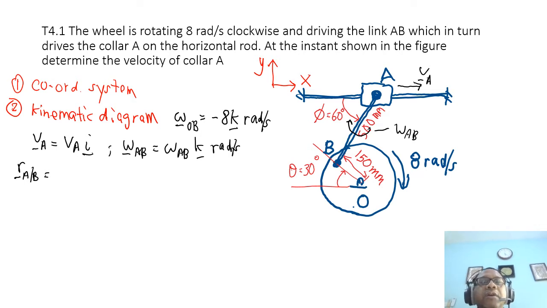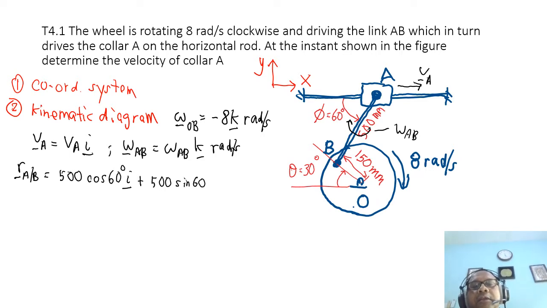That is 500 cos 60 i, since A is to the right of B, and A is on top of B, so 500 sine 60 j.